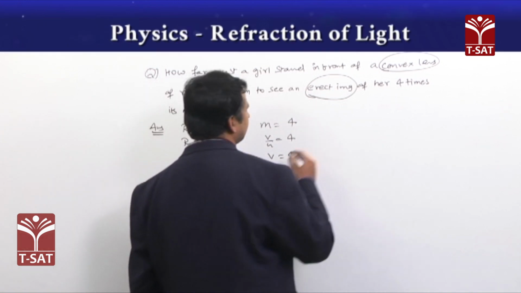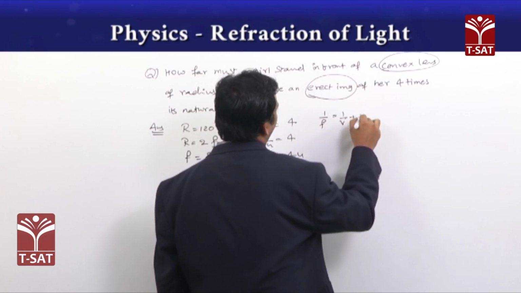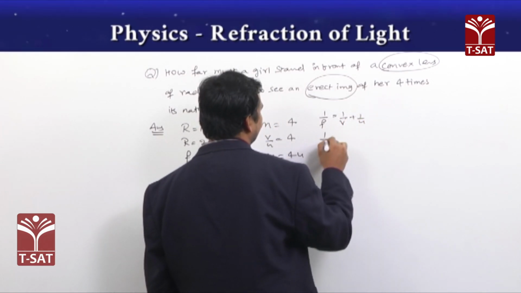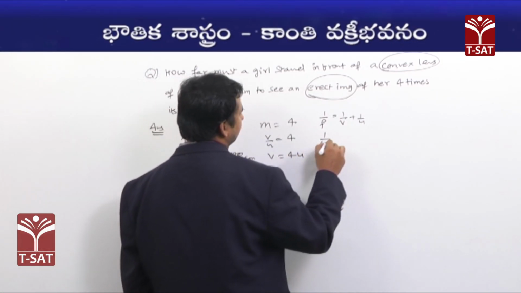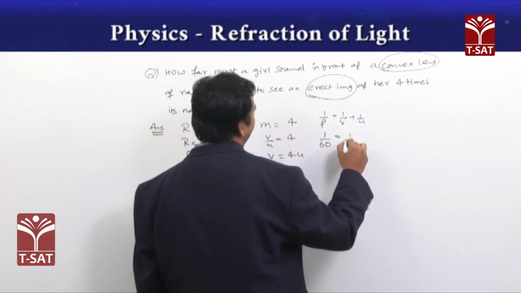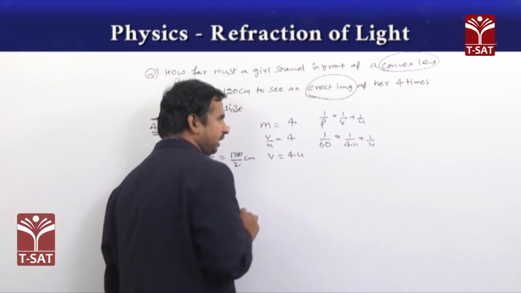Then if you apply the formula 1 by f is equal to 1 by v plus 1 by u, where the focal length is given as 60 centimeters, the image distance is 4 times u, and the object distance we are taking as u.